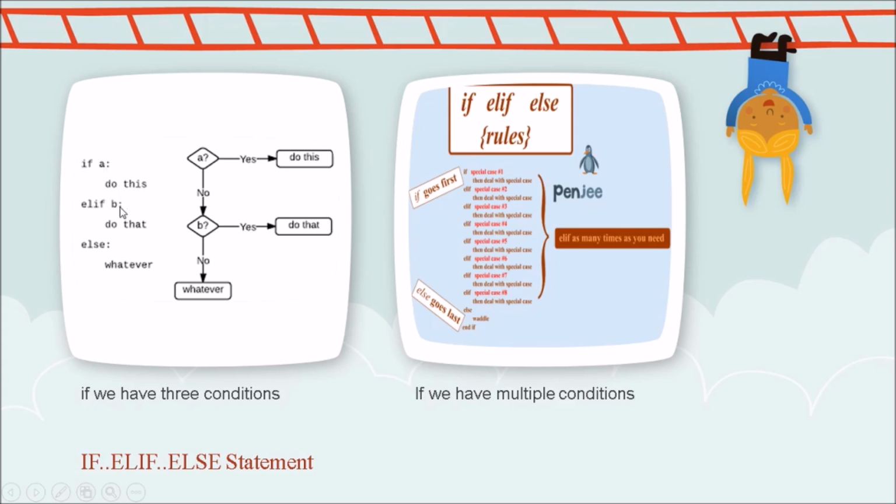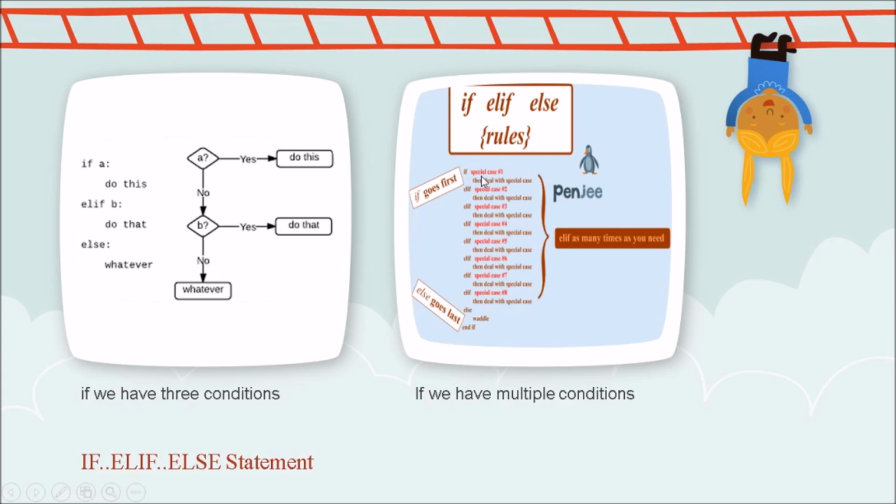When B is true, we'll do that. Otherwise, we'll do something else, whatever is required. So this is when we have three alternatives: A is the first alternative, B is the second alternative, and otherwise whatever is required will be executed.